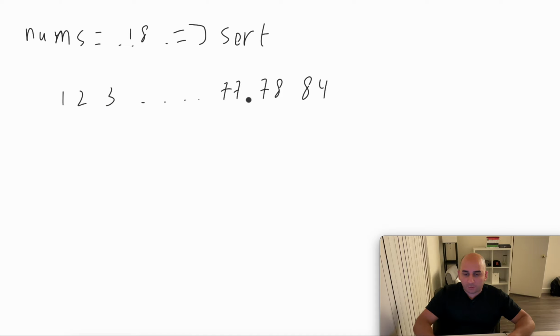So what would be our approach? Our approach is that since it's sorted, we are going to take only the difference from the beginning and from the end. So what would be the first possible scenario? Let's say that also we have here, I don't know, 64. What would be the first approach here?